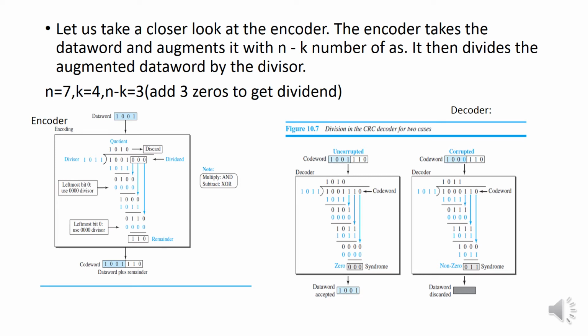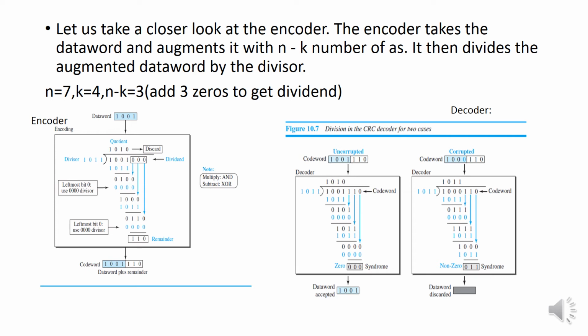While performing the division operation, for multiplying we adopt the AND operation, and for subtracting we adopt the XOR operation. Our new data word is 1001000. Now check the leftmost bit.